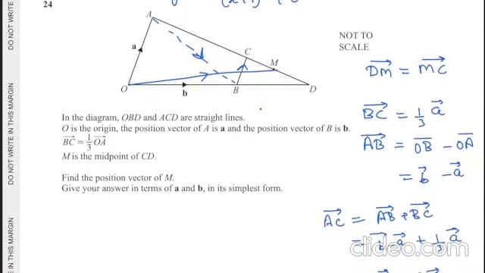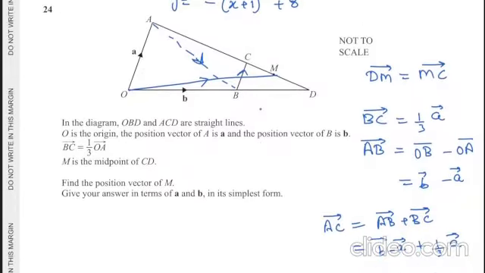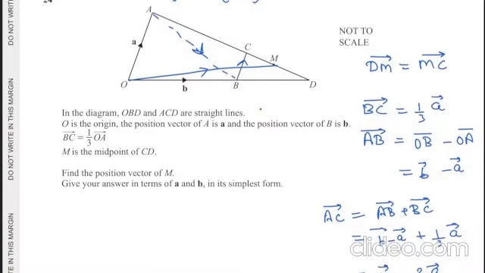ACD is a straight line, so CD has to be a multiple. CD is parallel to AC.